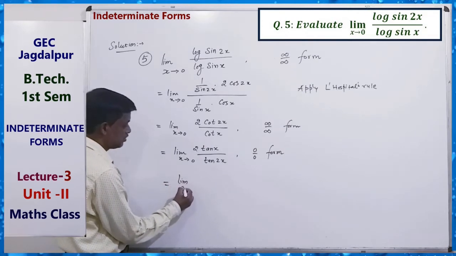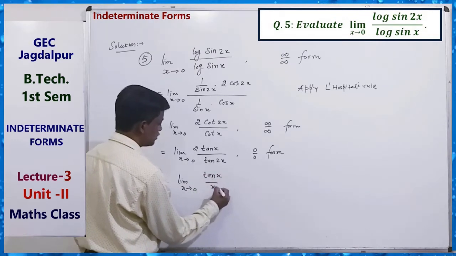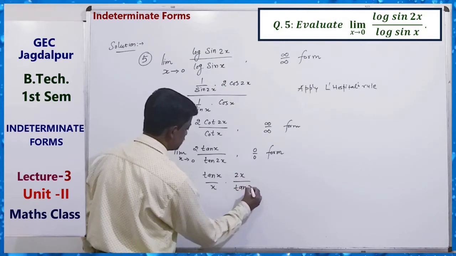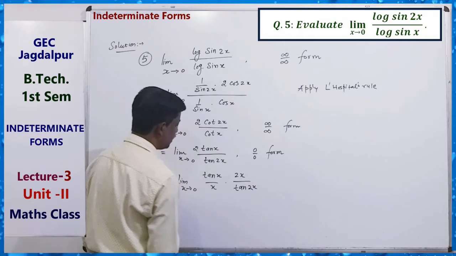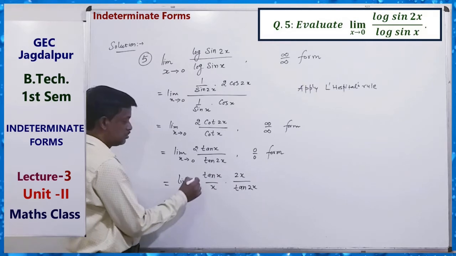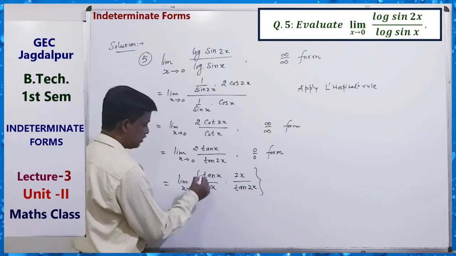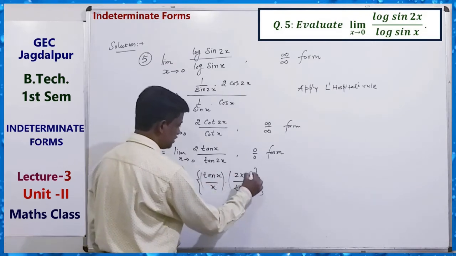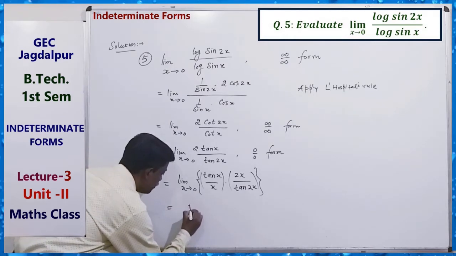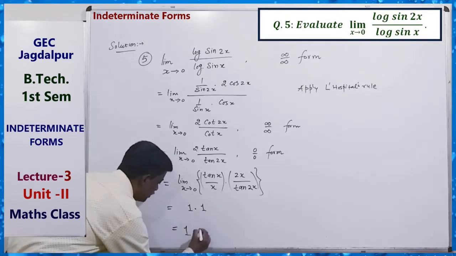Now here, limit x tending to 0 of tan x by x and 2x by tan 2x. We can write like this: multiplying numerator and denominator by x, 2 is here. If we write like this, then the limit of this and the limit of this as x tends to 0 is 1. So this is equal to 1 into 1, equal to 1.